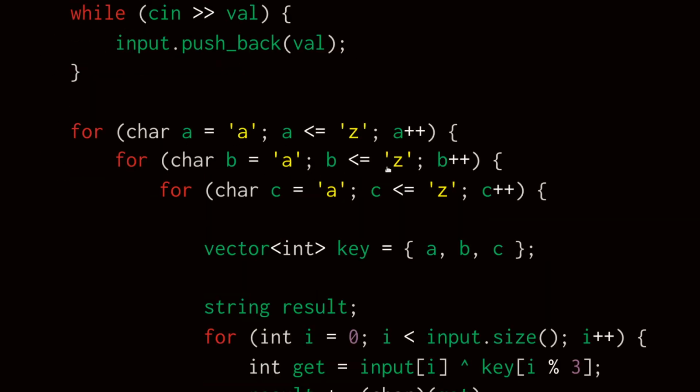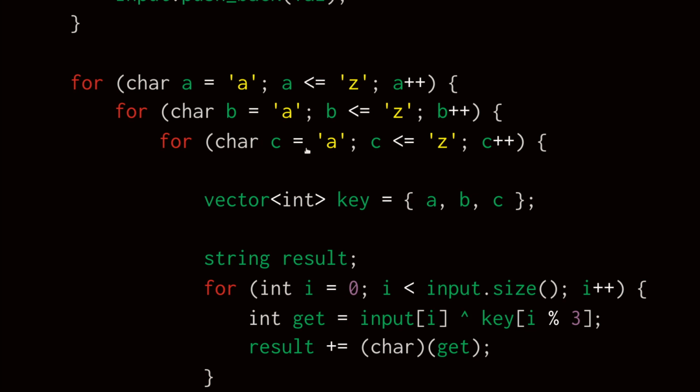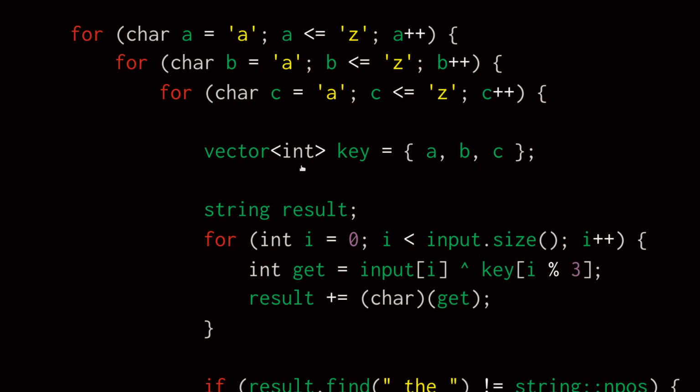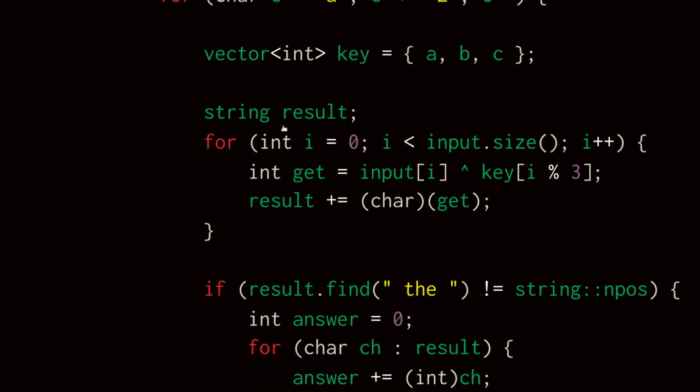Next, we are going to iterate over all the possible keys, from A to Z for each of the 3 characters C1, C2 and C3, and the key is then again converted into an integer. You can see that this is a character, but it is typecast to integer because this is a vector of integers. So this vector will contain the ASCII values of these corresponding characters, and this result will be the decrypted text.